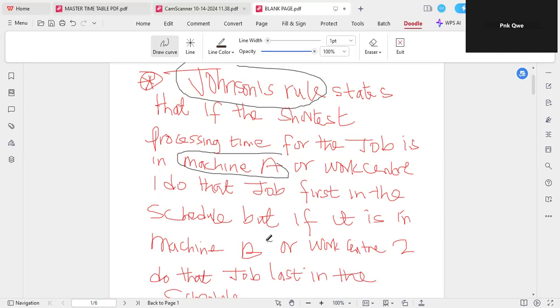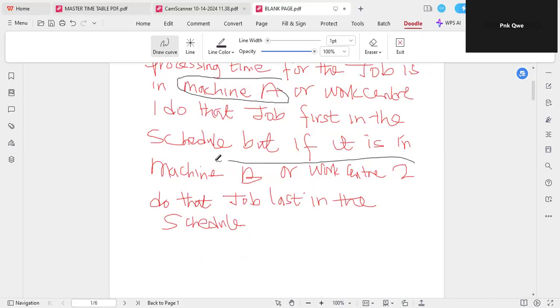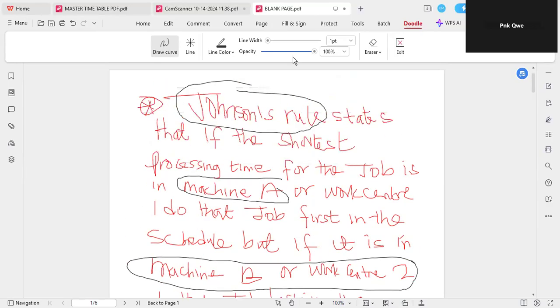But if it is machine B or work center 2, do that job last in the schedule. Okay? So this is what goes on. All right, so we can look at the question paper now.